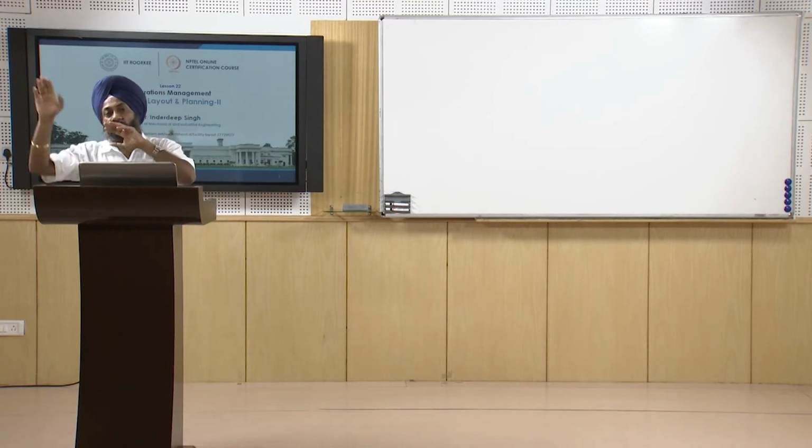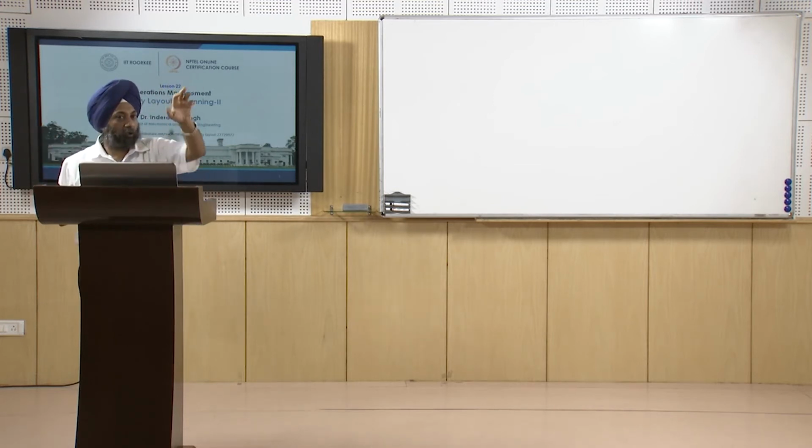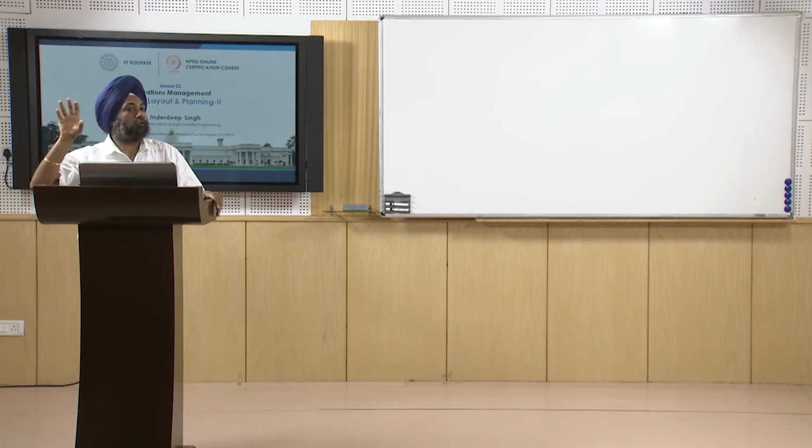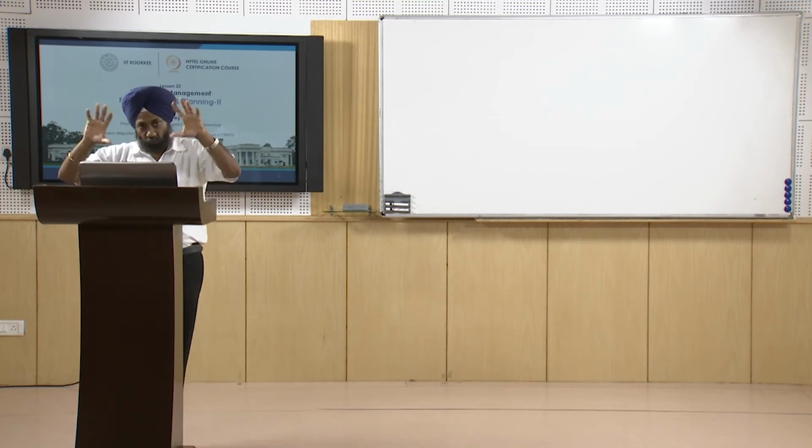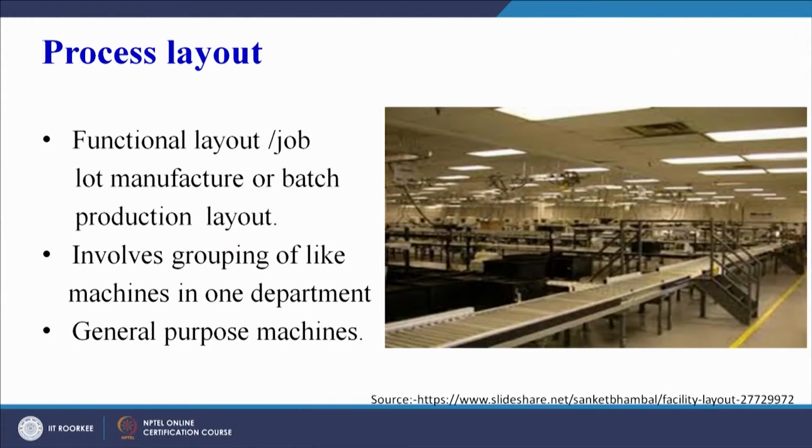So we can equate the two: in case of continuous production we use line or product type of layout, and in case of job shop or batch production we use process or functional type of layout. All the learners must remember these two things, and it is specifically mentioned here also that for job lot manufacture or batch manufacturing, we use process type of layout.